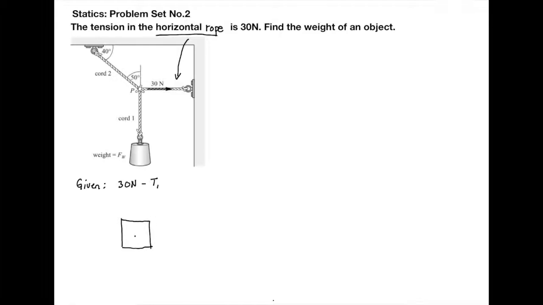What are the components? We have the weight. And actually the weight is the required, so we could now write our weight as the required. Next, we also have the T1. T1, or the tension 1, is 30 Newton. And next, the other one, we have the T2.